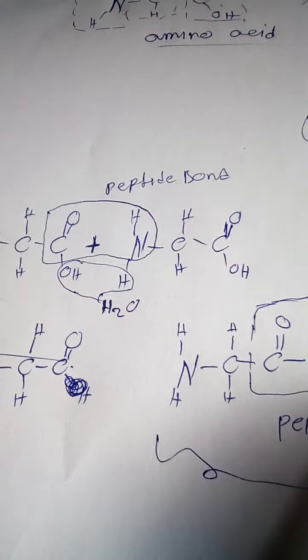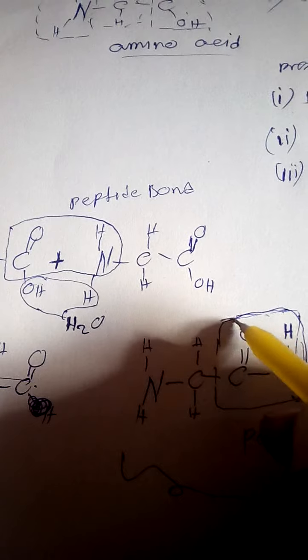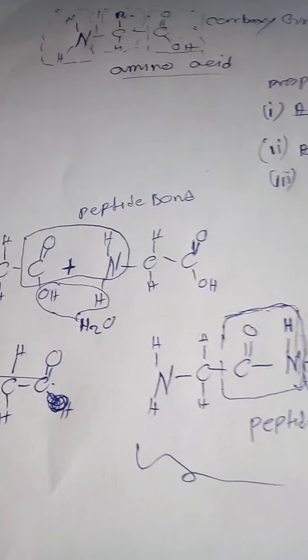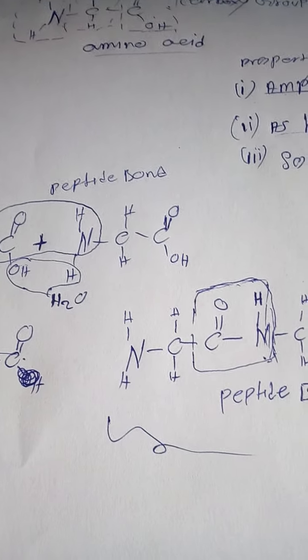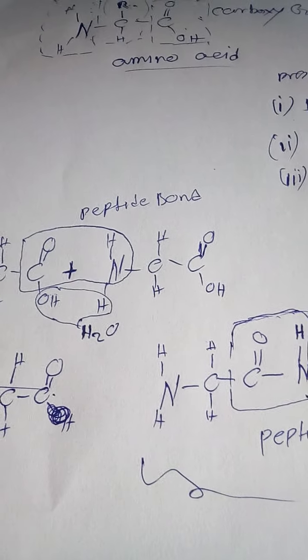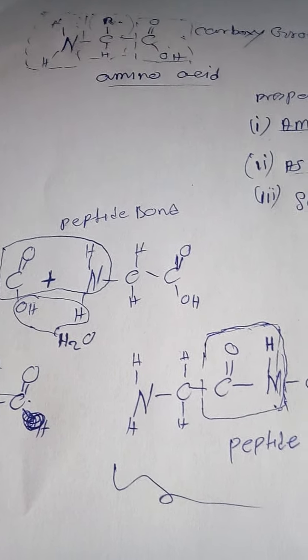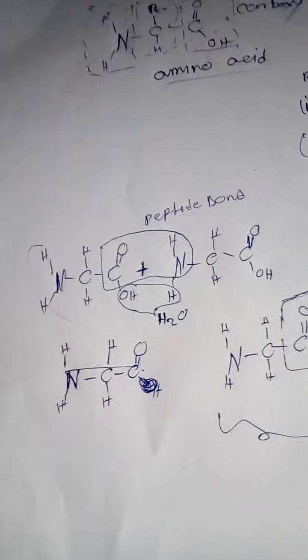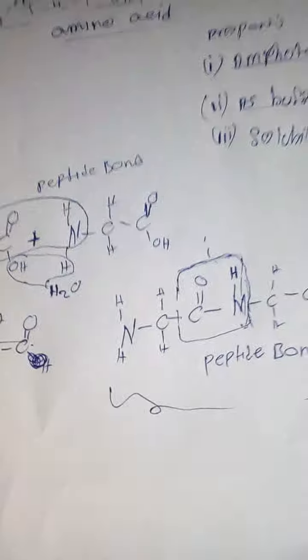So maybe you can be asked, by which process do the hydrogen and the hydroxyl get removed? They are removed by a process called condensation. So you have to know this structure, called the peptide.